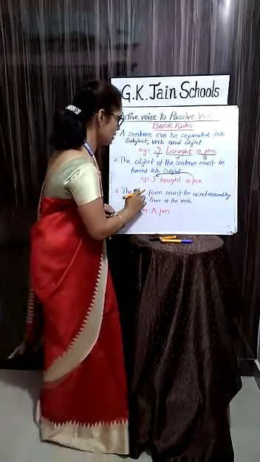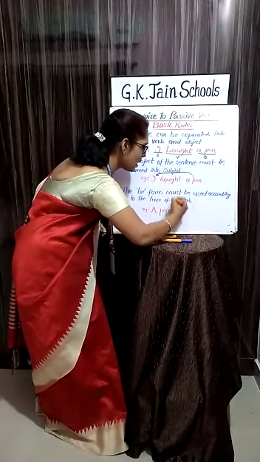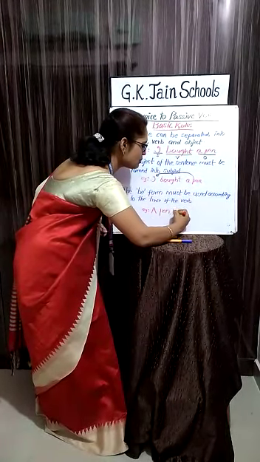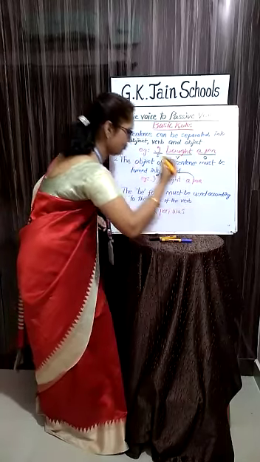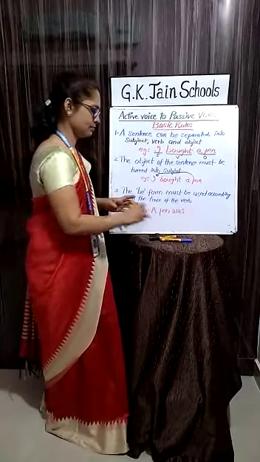As our verb is in the past tense, we will use the be form of the verb, was. So a pen was.